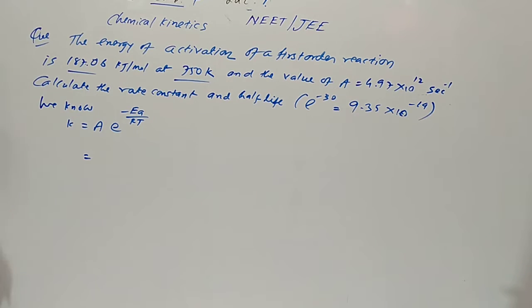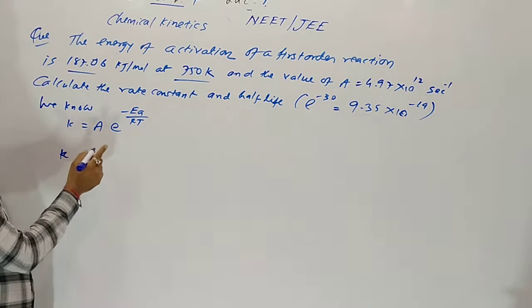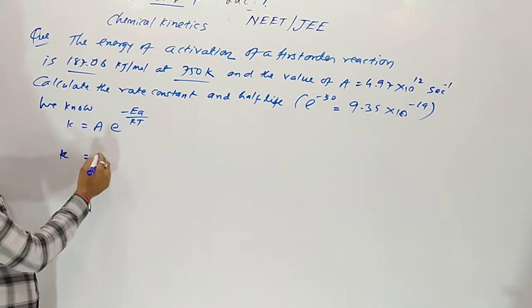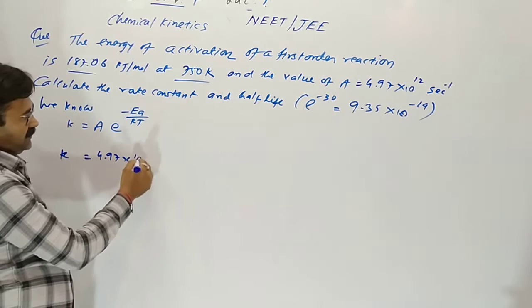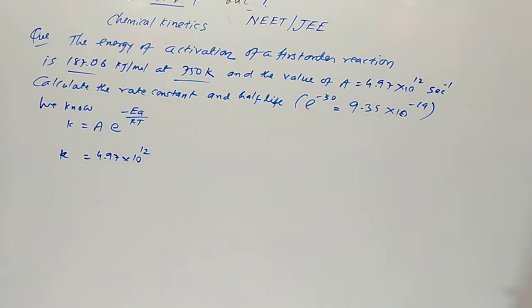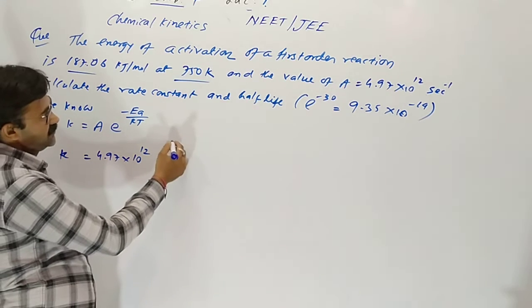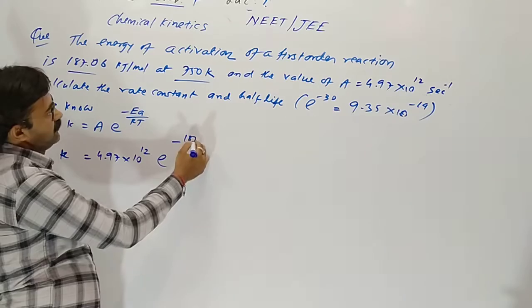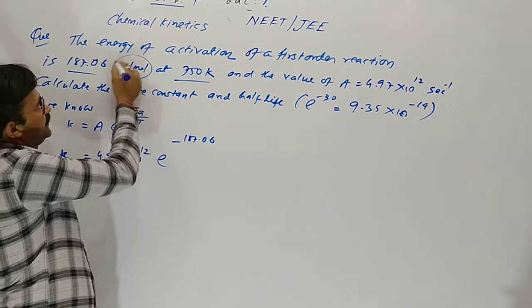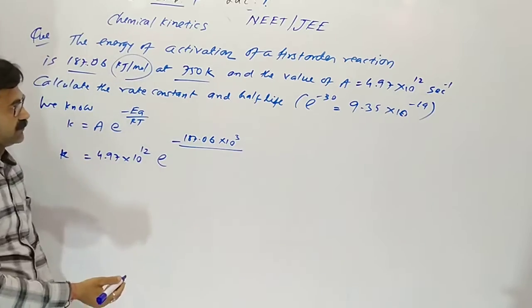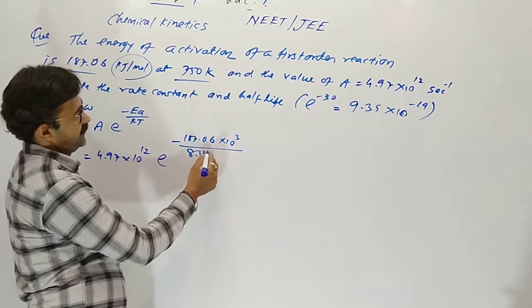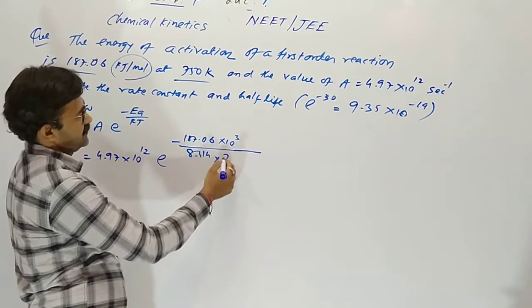Here A is given, 4.97 into 10 raised to 12. Clear? Now EA is 187.6 in kilojoule. We multiply by 1000, so in joule, R value in joule, temperature 750.